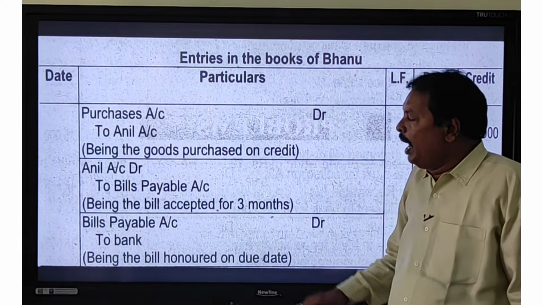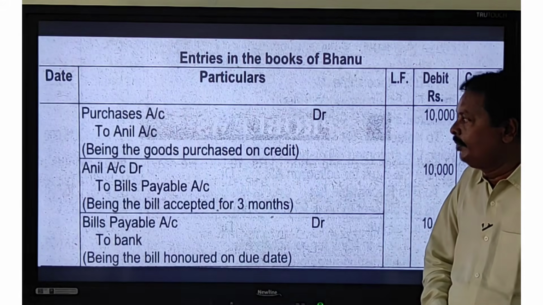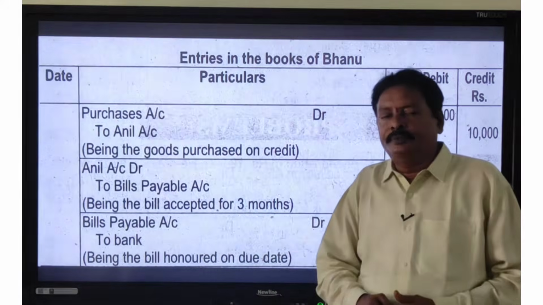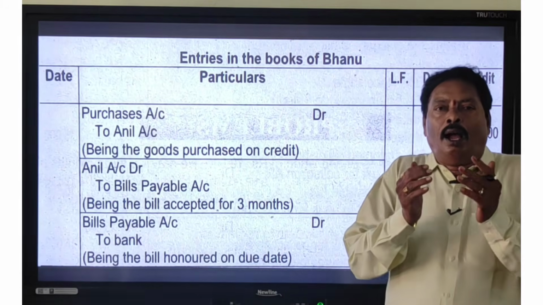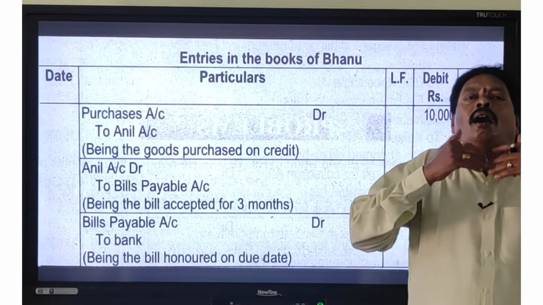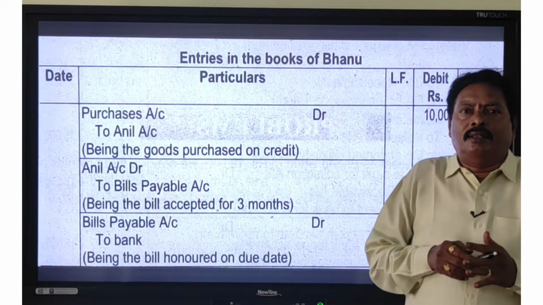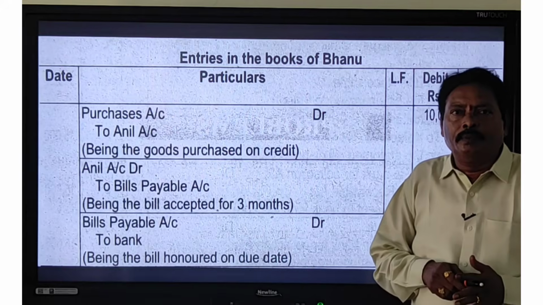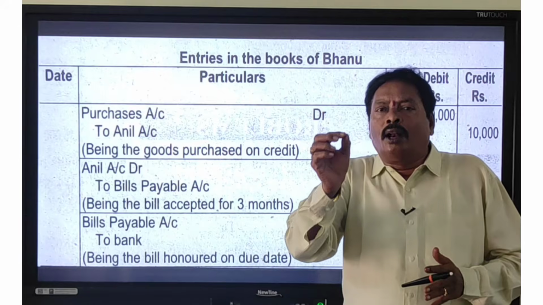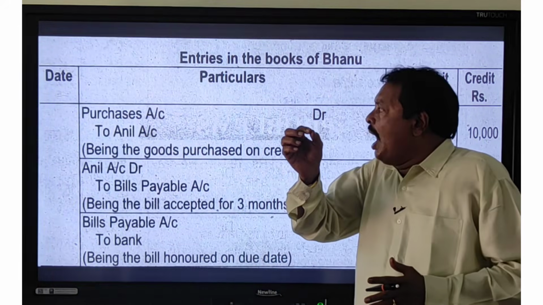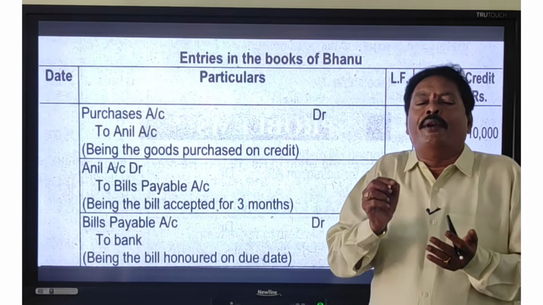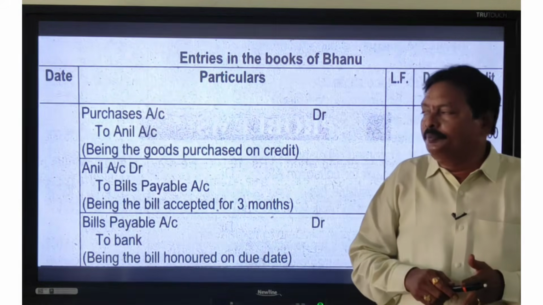And the second transaction, after purchasing goods from Anil, Anil wrote a bill on Banu. When the bill is drawn by Anil, at that time we must give acceptance on that bill.